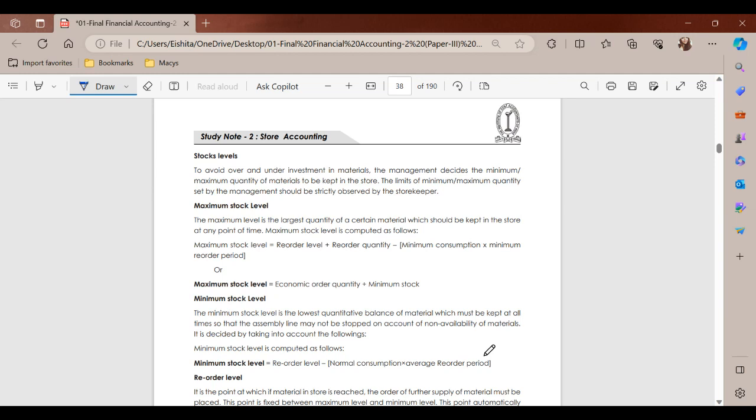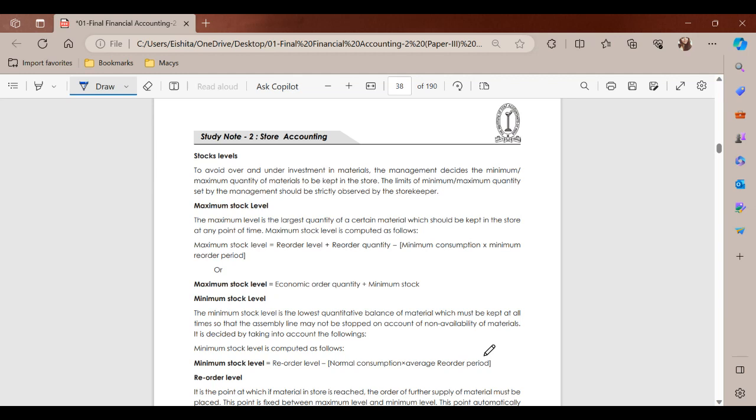And to avoid this, you will order less. And what you will incur is ordering cost. Ordering cost includes your telephone calls or your tempo that will go there to fetch the material. You will send your tempo to fetch the material.